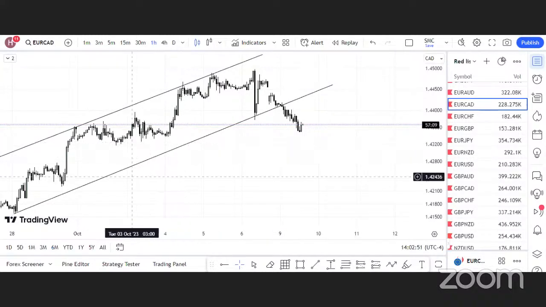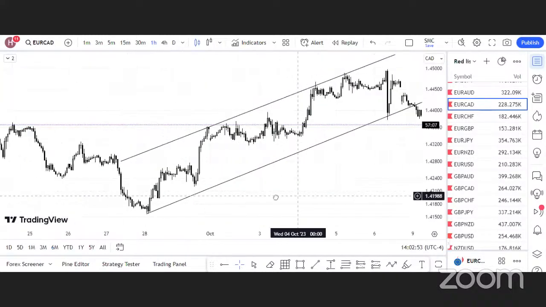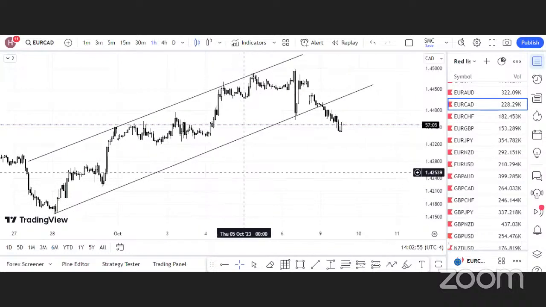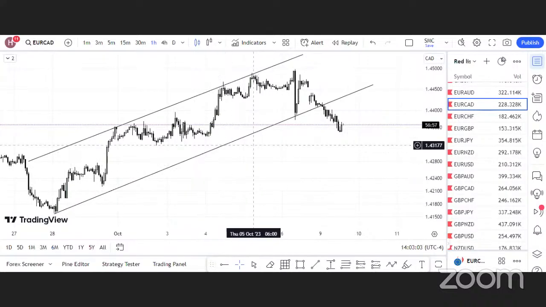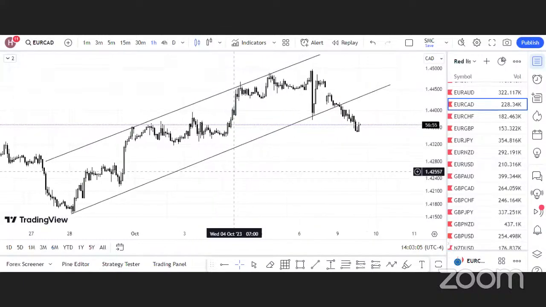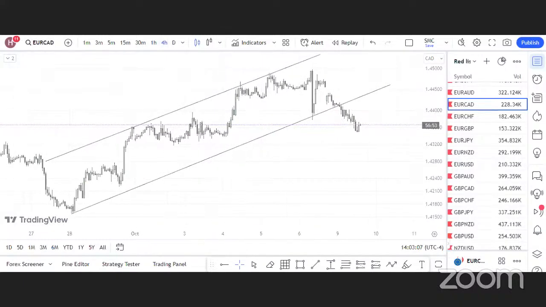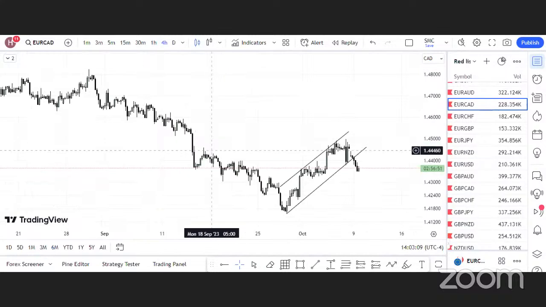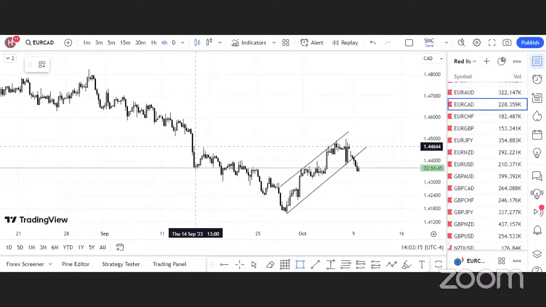But for now, today, I'll be making analysis using price action and then showing you what I'll do if the market gets to a particular point. So you see this market after drawing my trend line on the 4-hour time frame. I had drawn this trend line from the 4-hour time frame, and we have this market rejection here.